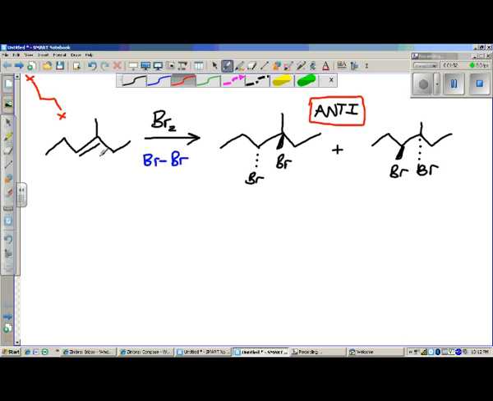So the reaction starts off in exactly the same way as you've seen before. A pair of electrons come out from the pi bond, and you're probably thinking, well, there's no electronegativity difference here, so what's going on?